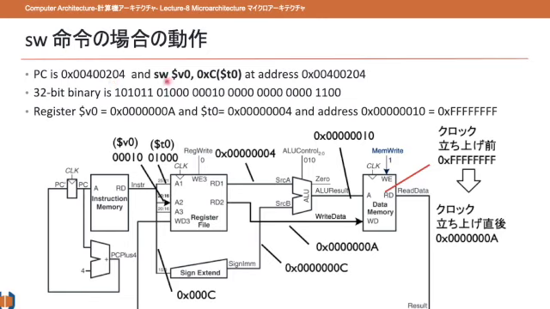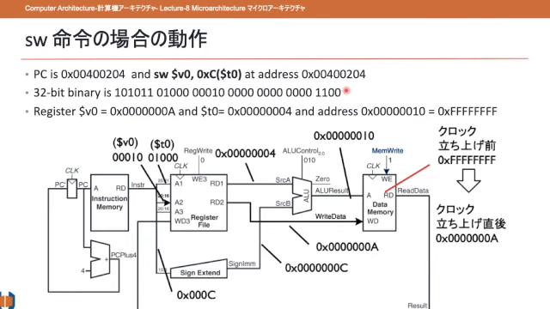That means the store word instruction is stored in a memory address of this. So the 32-bit binary encoding of this instruction is like this, because you know the addresses of the registers V0 and T0.